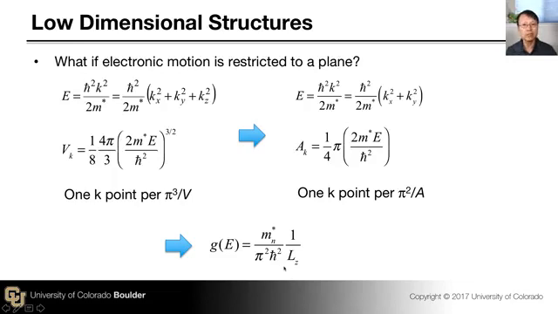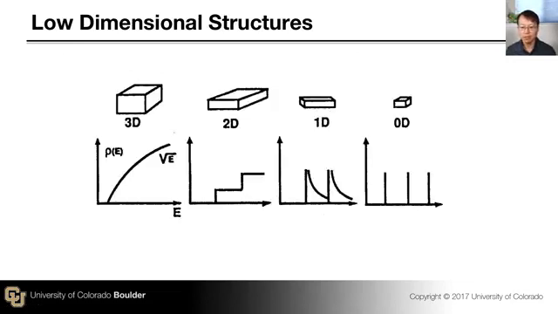Now you can do the same for one-dimensional and zero-dimensional structures, and the summary is shown here. In the three-dimensional case, you have a density of states that is proportional to the square root of E. In a two-dimensional structure, you have a density of states that is flat, independent of the energy, and every time you introduce a new energy state, there's a step.